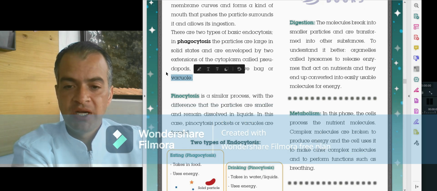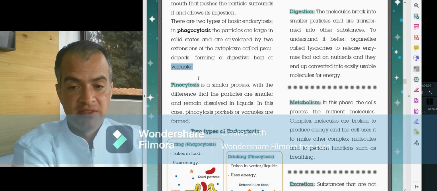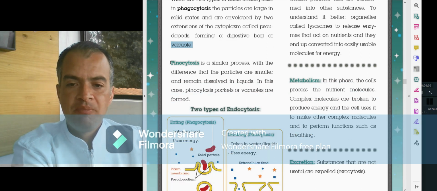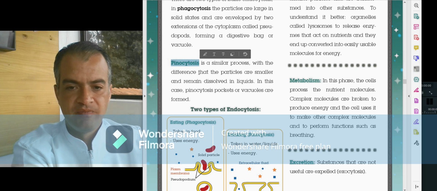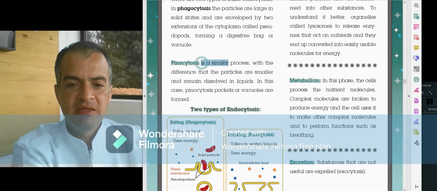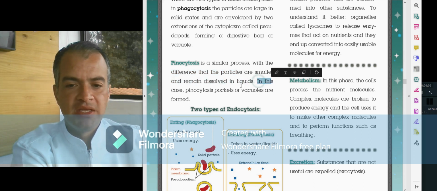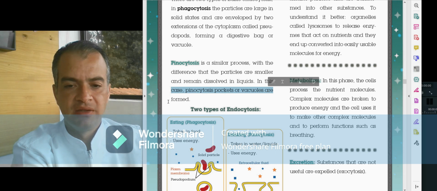Remember, we have seen what are vacuoles when we saw the cell organelles. Pinocytosis is a similar process, with the difference that the particles are smaller and remain dissolved in liquids. In this case, pinocytosis packets or vacuoles are formed.